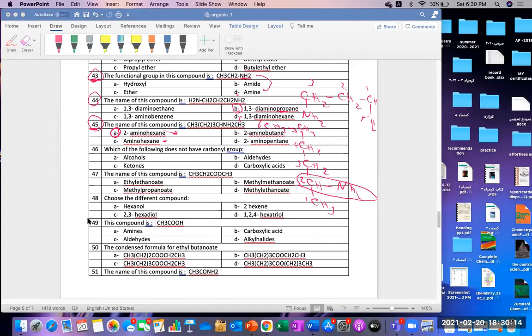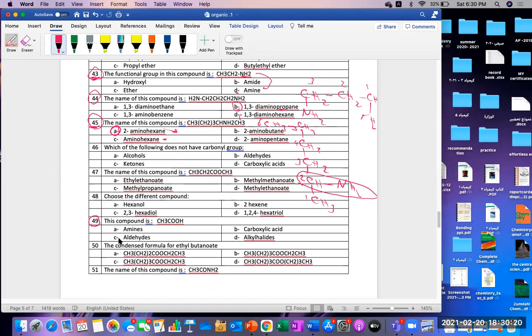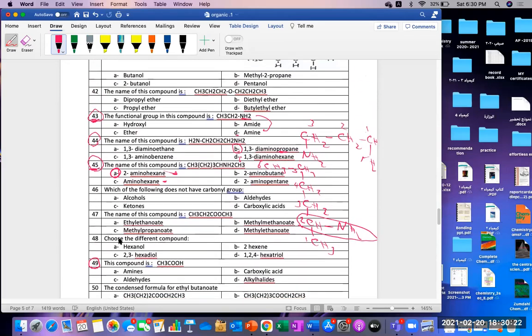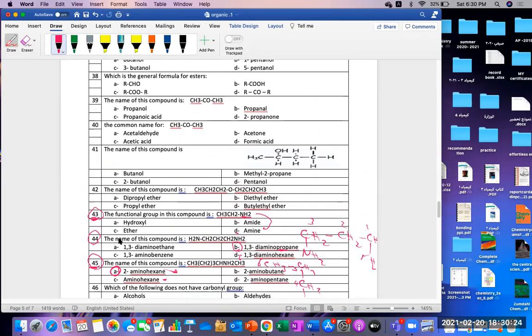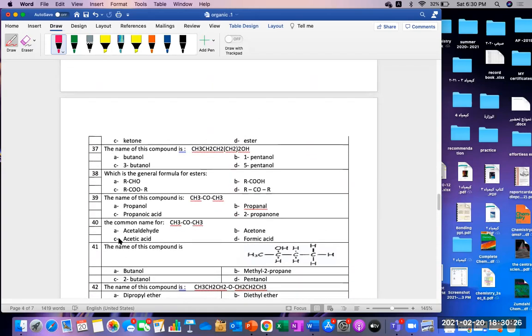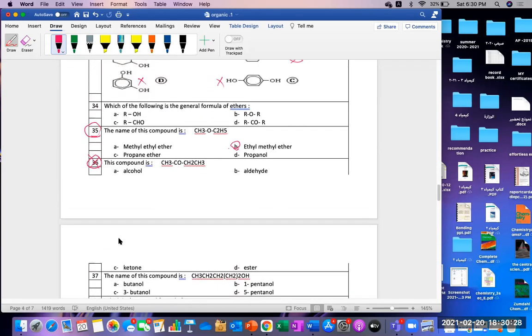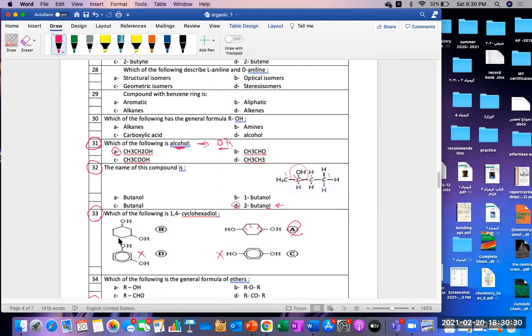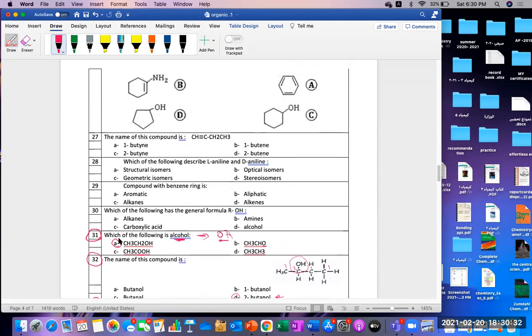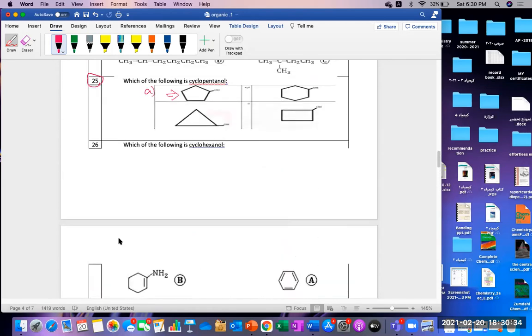Okay, 49. Seems that I don't have a lot of acids here.